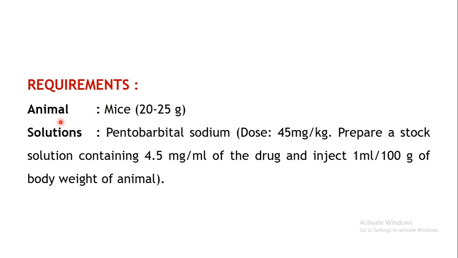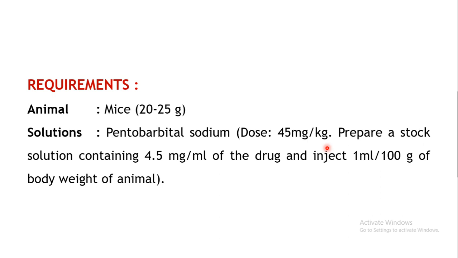The animal used is mice weighing between 20 to 25 grams. The drug used to study the effects of the change in the route of administration is phenobarbital sodium in the dose of 45 milligrams per kg.